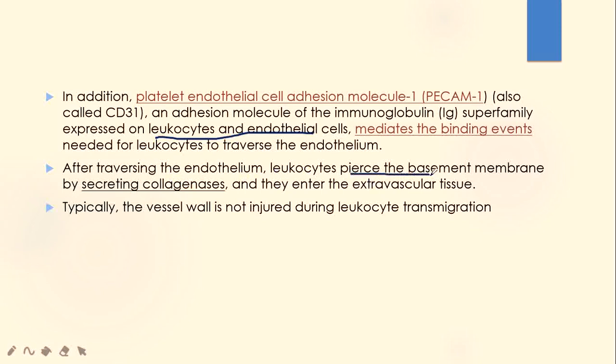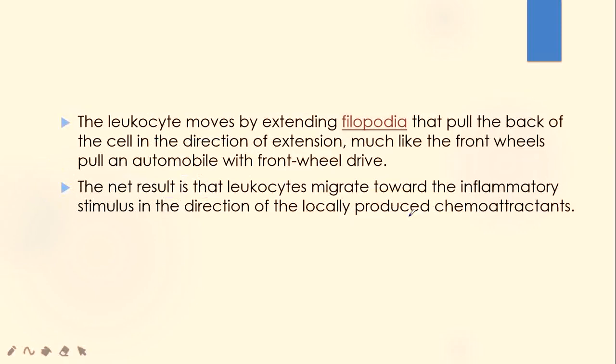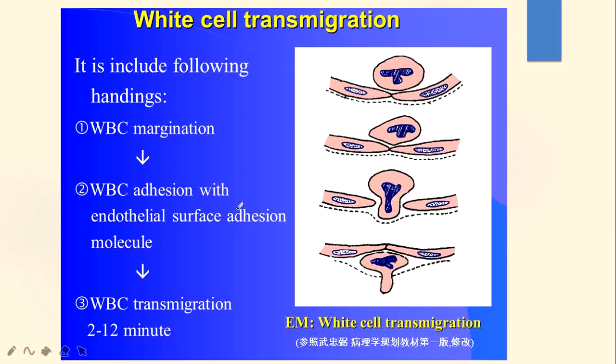Leukocytes pierce the basement membrane by secreting collagenases, and then they enter the extravascular tissue. The vessel wall is not injured during leukocyte transmigration, and these leukocytes move by extending filopodia that pull the back of the cell in the direction of extension. The net result is the leukocytes migrate toward the inflammatory stimulus. The process of filopodia formation has been shown in this figure.